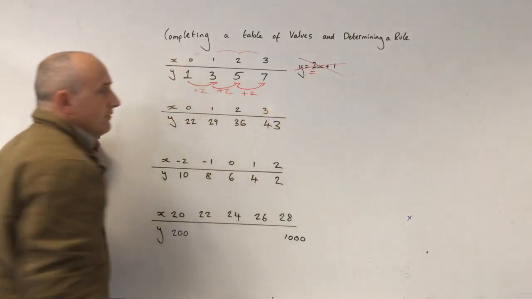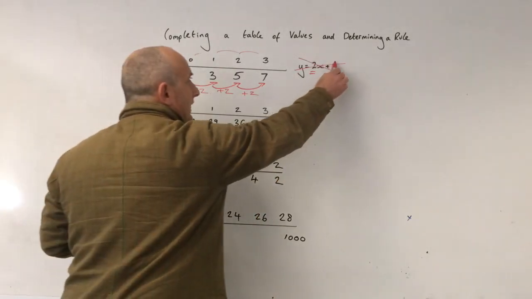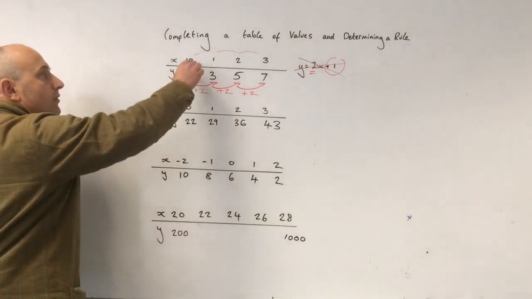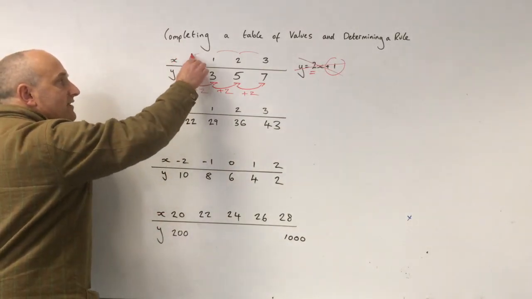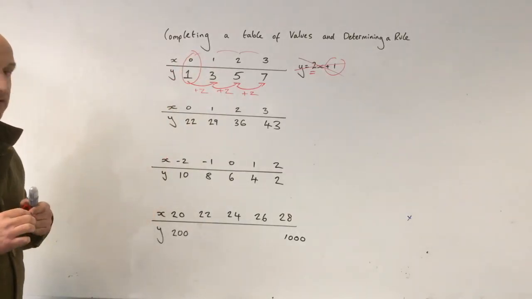This gives me 2x. Then I think, well, what about this number here, plus 1? Well, I look for where x equals 0, and I see that the y value is 1.